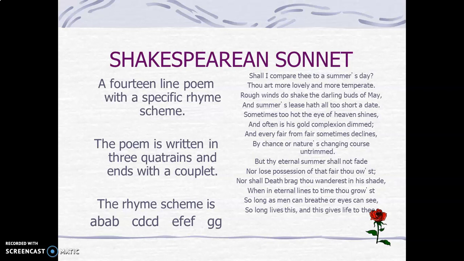The poem is written in 3 quatrains and ends with a couplet. The rhyme scheme of Shakespearean sonnet is usually A, B, A, B, C, D, C, D, E, F, E, F, G, G, and you know now the meaning of rhyme scheme and what I mean by this important term.